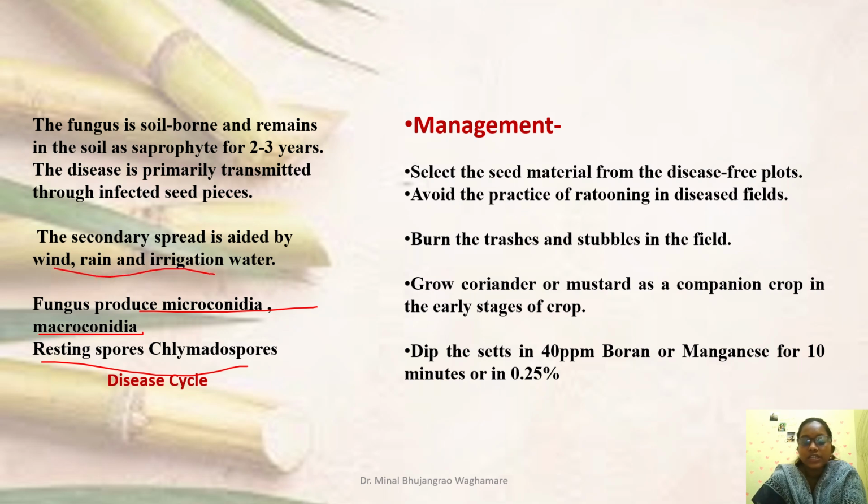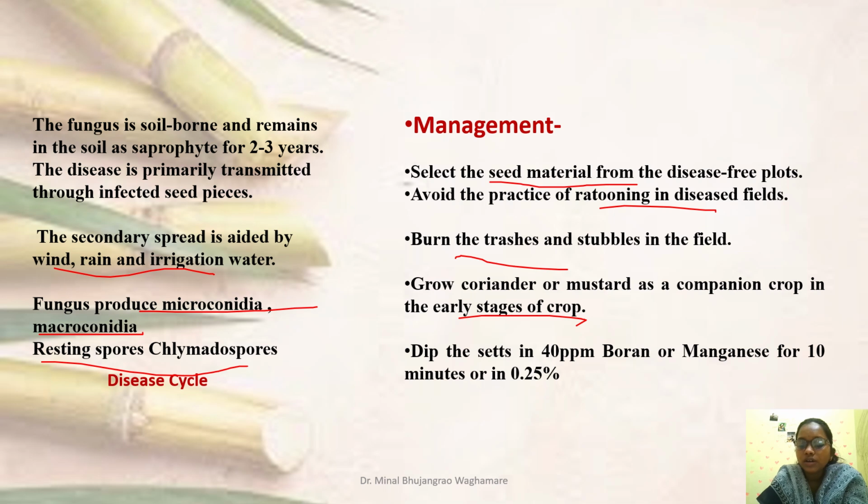Coming to their management, we have to select disease-free material. There are many resistant varieties available for this disease management, and avoid the practice of pruning in the diseased field. Next is burning of the trash and stubble inside the field, and definitely grow intercrops like coriander and mustard as a companion crop at the early stage of the crop.